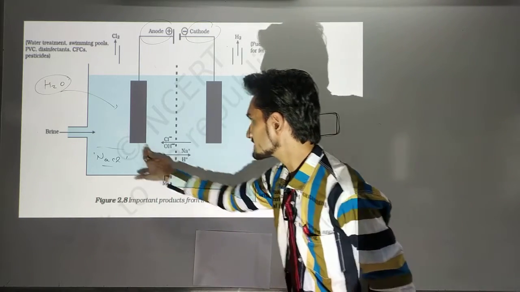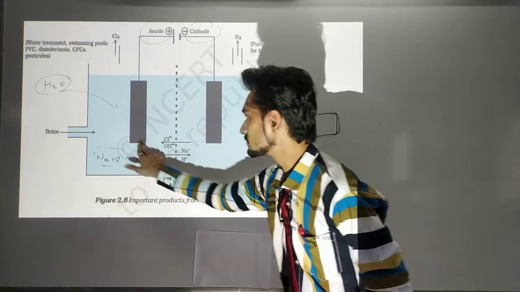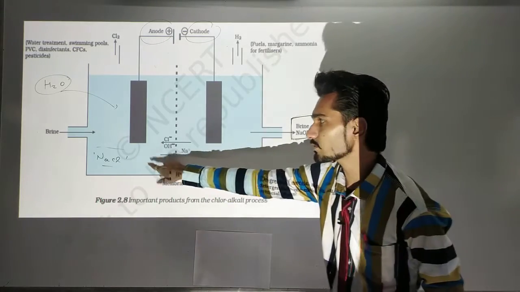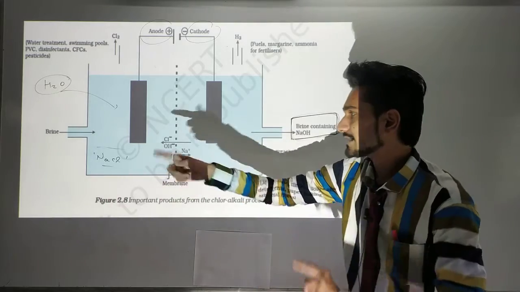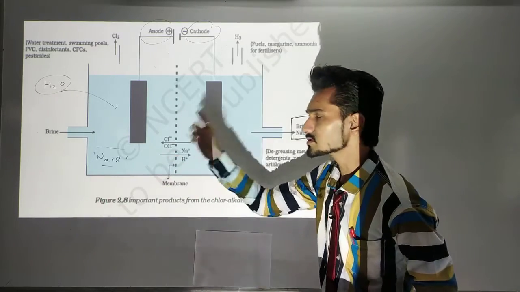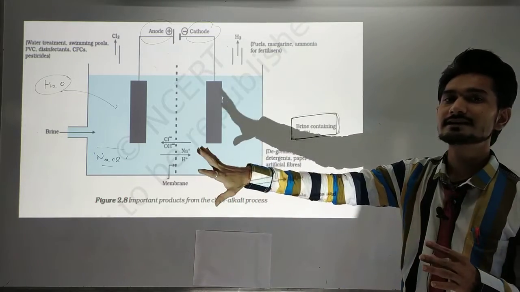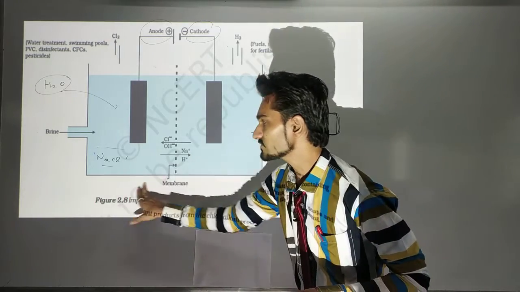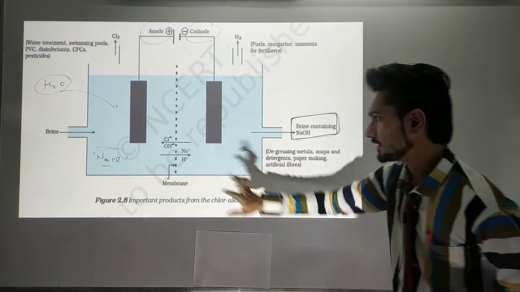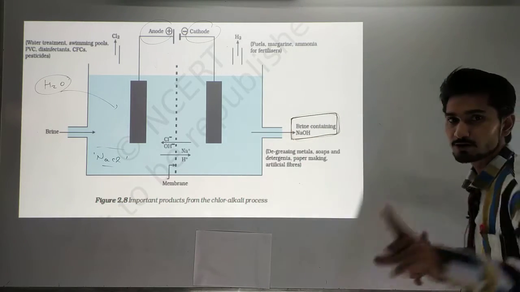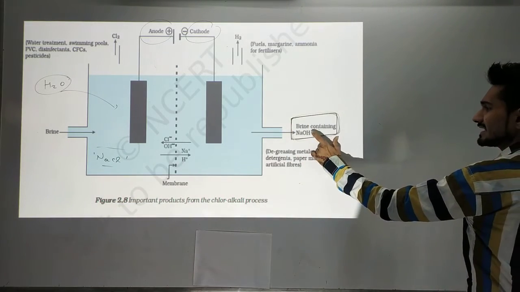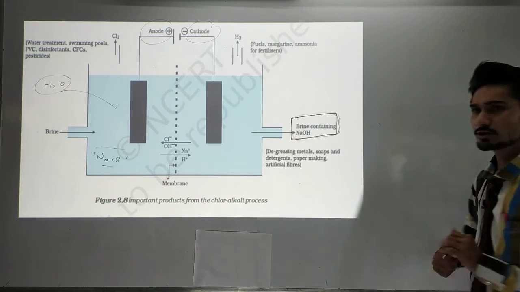Due to the electricity passing through the anode and cathode, it decomposes the sodium chloride present here, and that mixes with the OH ion of the H2O, and chlorine gets released from it, and OH gets mixed with the sodium. It gives us the first product, NaOH, sodium hydroxide.